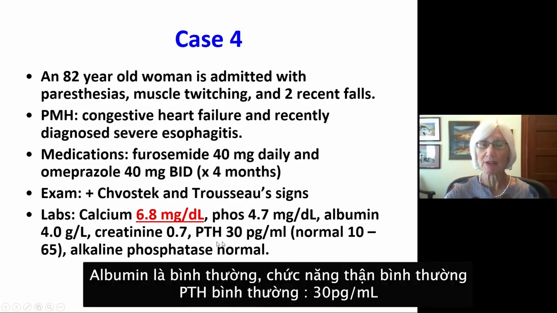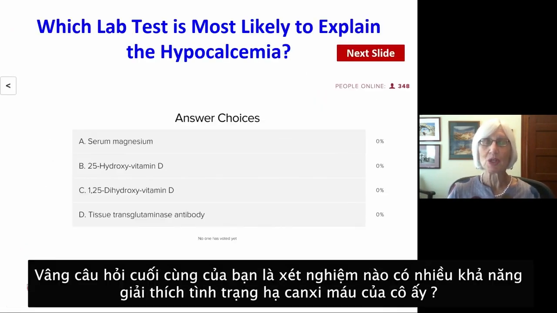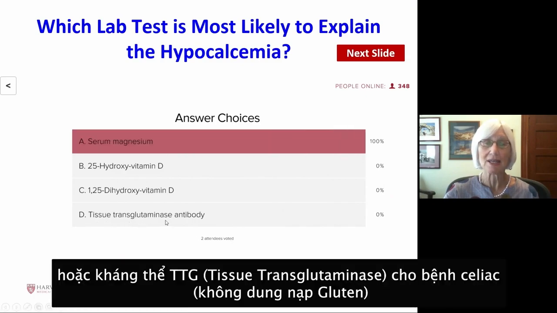Albumin is normal, renal function is normal, PTH is normal at 30, and her alk phos is normal. So your last question: which lab test is most likely to explain her hypocalcemia? Would it be serum magnesium, 25D, 1,25D, or a TTG antibody for celiac disease?